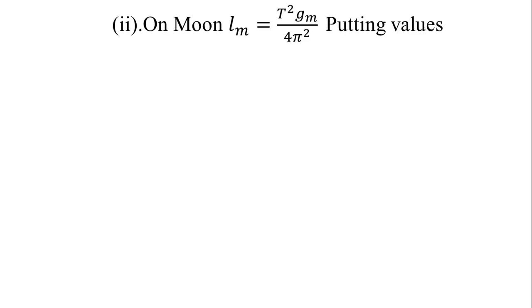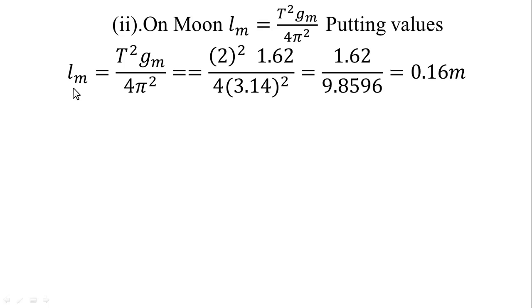Similarly, now we can find the length on the Moon, L_M, which is equal to T square g_M over 4 pi square. Putting the values in the given equation, the length on the Moon is equal to T square g_M over 4 pi square.